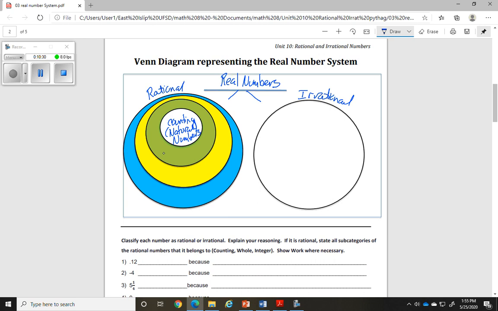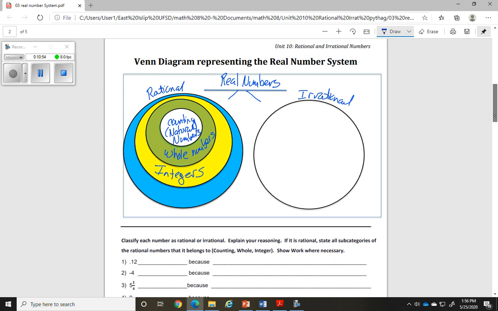The next box out of that were the whole numbers. Remember, the whole numbers just have one more element of 0. The next one out of that were our integers. And the next one out of that, our rational numbers, which I already called it.